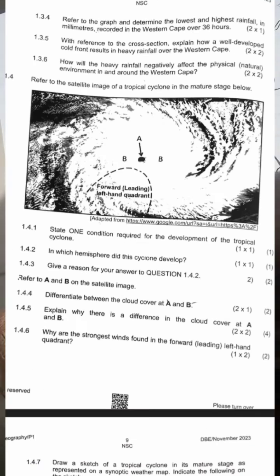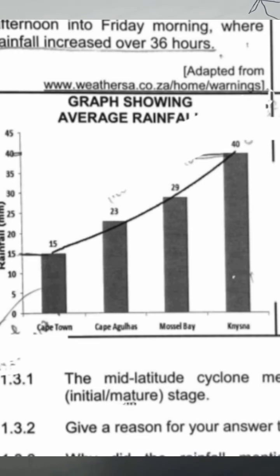1.3.4, what do we have? Refer to the graph and determine the lowest and highest rainfall in millimeters recorded in the Western Cape over 36 hours. Okay, so of course, we have a graph showing average rainfall and it's in millimeters.